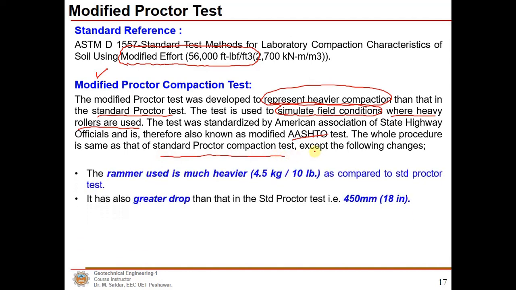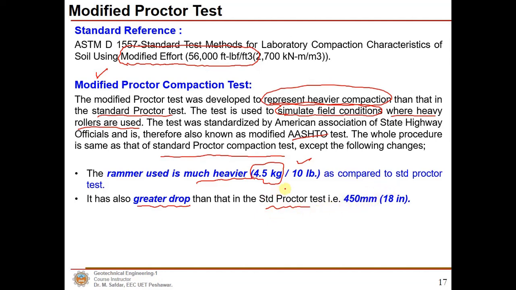For example, the rammer used is much heavier, 4.5 kilograms or 10 pounds, as compared to the standard Proctor test. A greater drop is applied in comparison to the standard Proctor test.